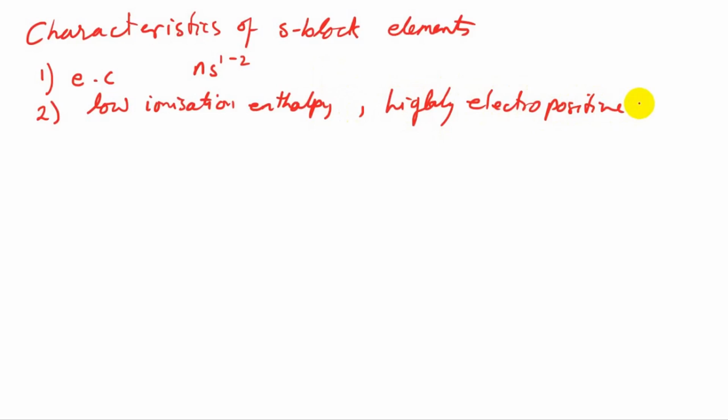Electropositive means they have a tendency to form positive ion. They can easily lose electrons. Clear? So third one, they can easily lose electron, so they are easily oxidized. So they are good reducing agents.